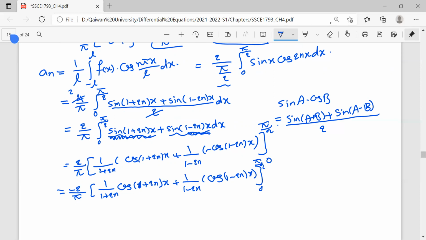Now we replace x by pi over 2, then by 0.